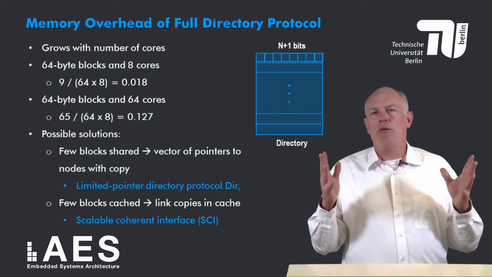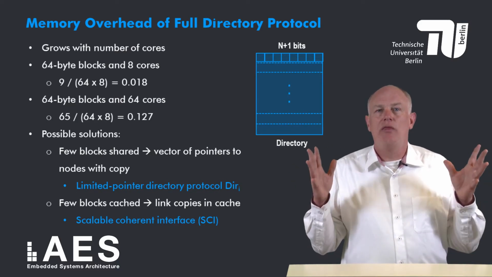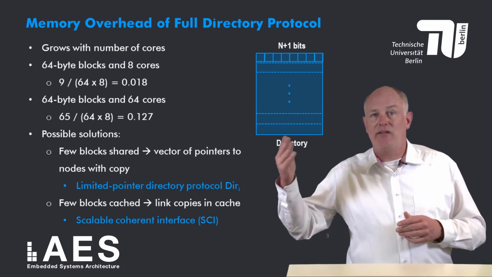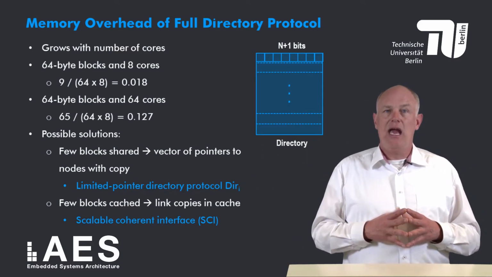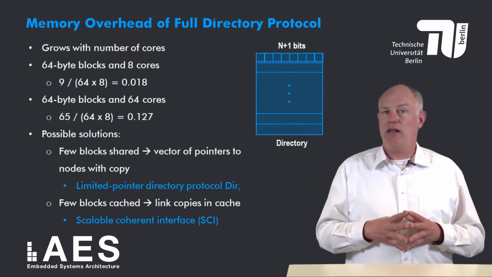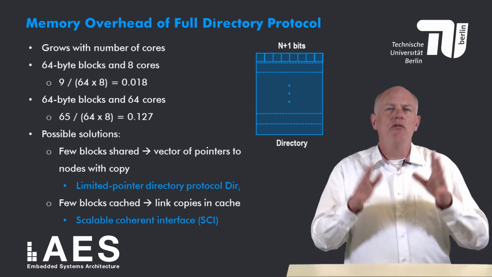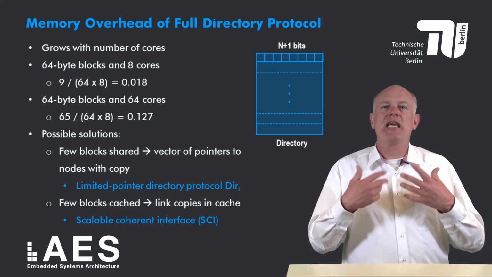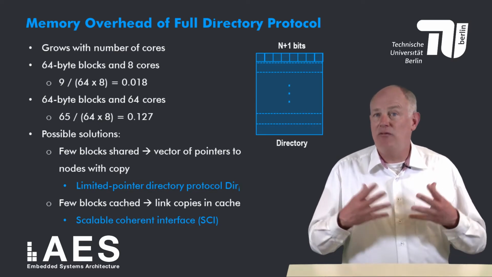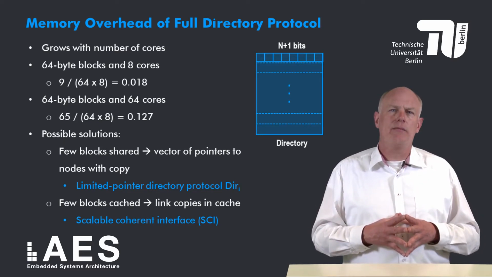For example, if a block is cached in nodes 1, 3 and 7, then the copy in the cache of node 1 indicates that the next sharer is node 3, and the copy in the cache of node 3 indicates that the next sharer is node 7. Very roughly, this describes the scalable coherent interface protocol, which is in fact an IEEE standard.